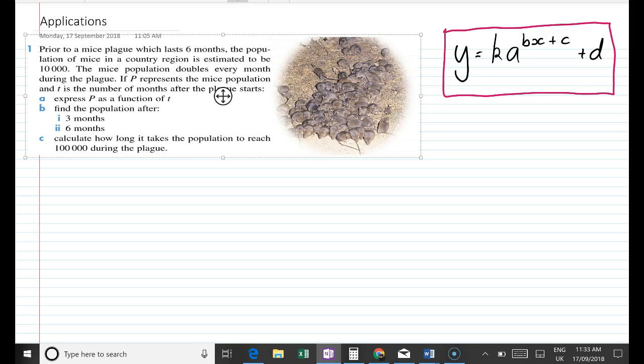Okay, just some general things before we get started. Most of these equations work that K is your initial condition. Okay, it's a fancy maths way of saying K is the starting number. So K is generally where it starts.